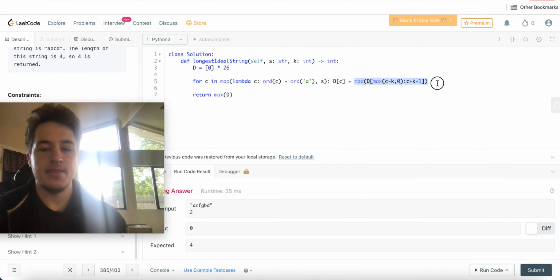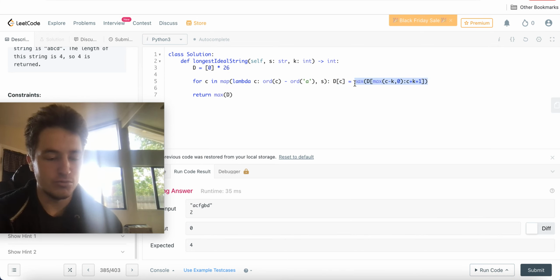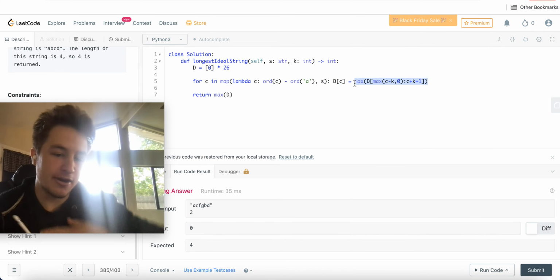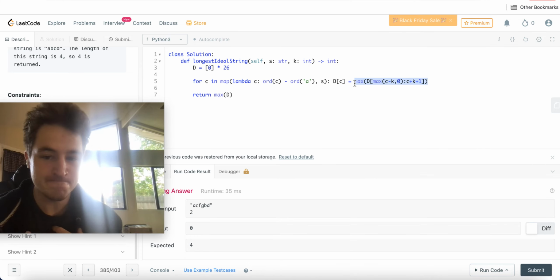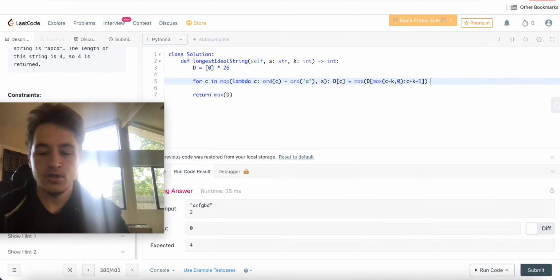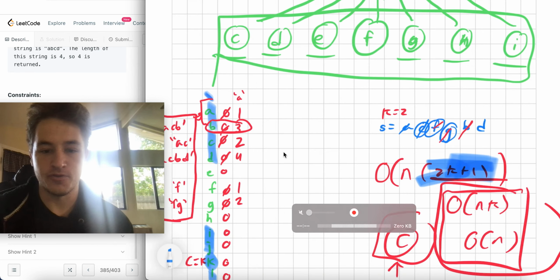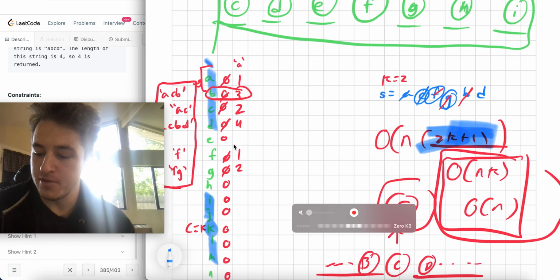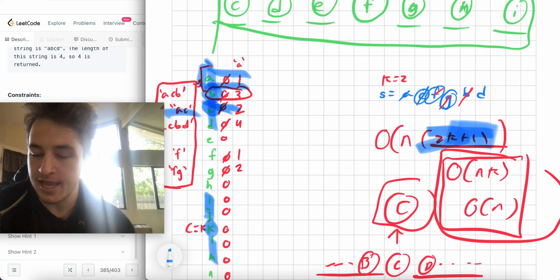So the maximum sequence is the maximum thing I can connect to, right? So the maximum character that's within the 2k plus 1 range from me. So it's the maximum one that I can connect to plus 1, right? Because now I'm attaching myself to that sequence, right? So for all these problems, remember, for B, when I first added C, it became AC, right? The maximum thing I could connect to was A, and then I added 1 to make it 2.